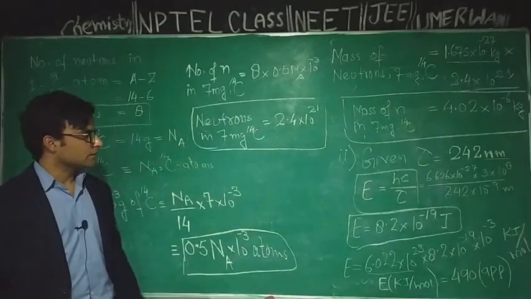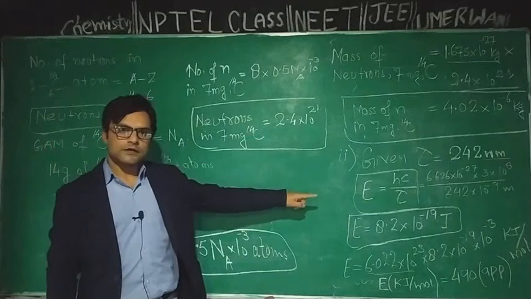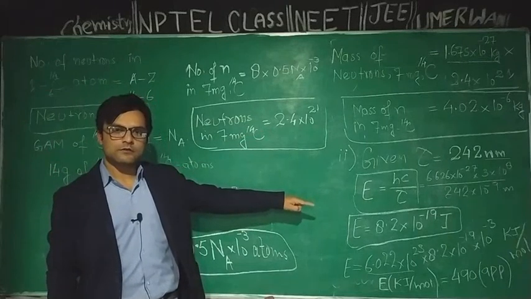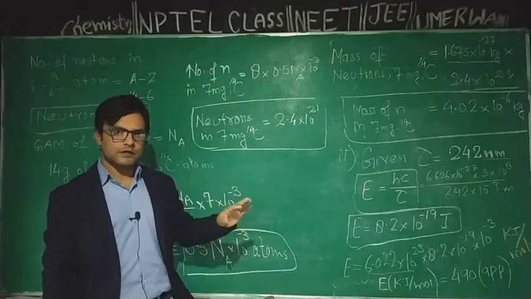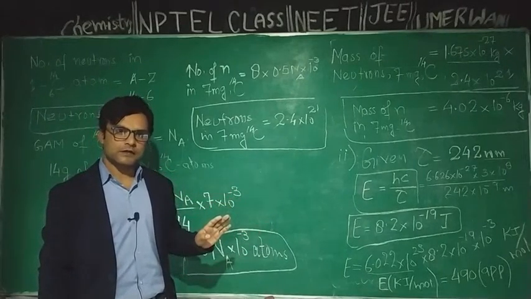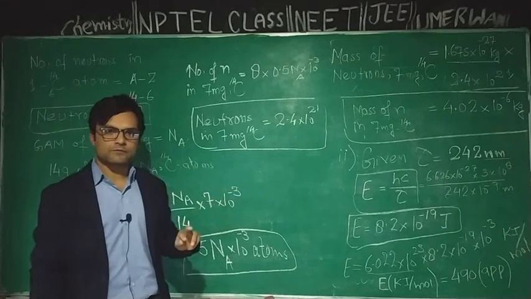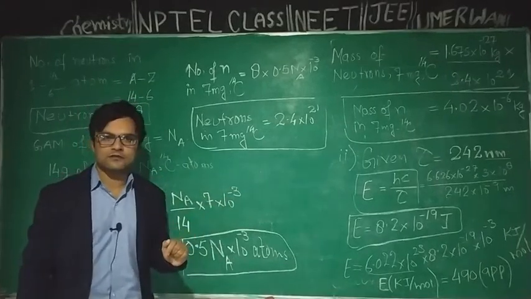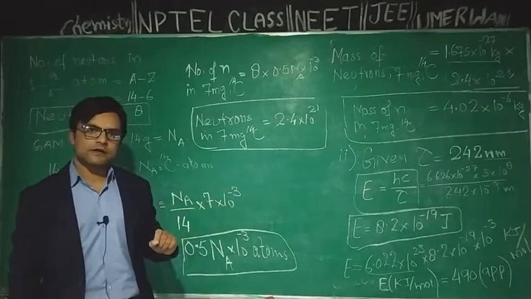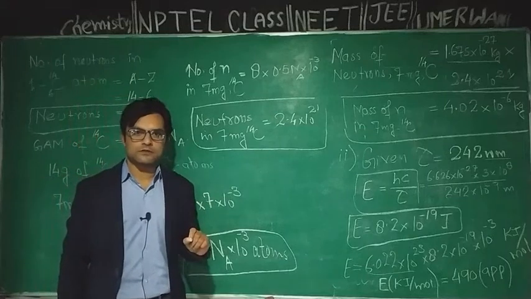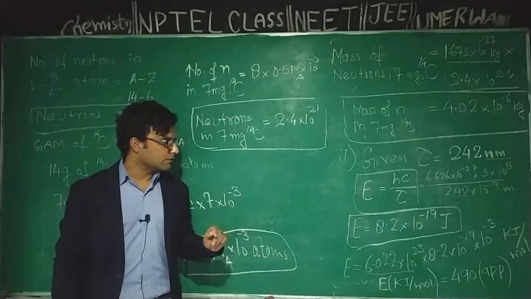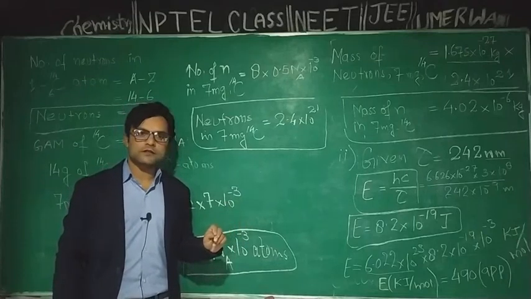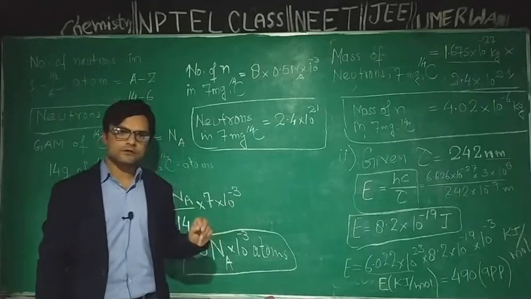And here the first idea needed was how I can relate wavelength with energy, and this idea was given by Planck. I used Planck's equation not in form of E is equal to h nu but in form of E is equal to hc by lambda. h and c were known parameters, lambda was given parameter. I expressed their values in SI units and got answer 8.2 into 10 raised to power minus 19 joules. But this is ionization energy of one sodium atom.